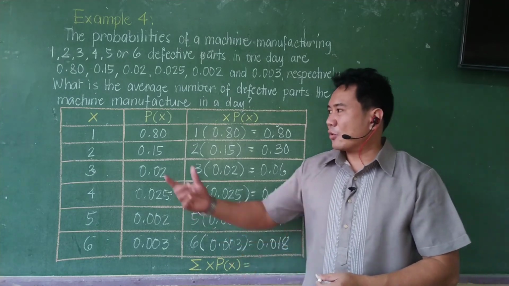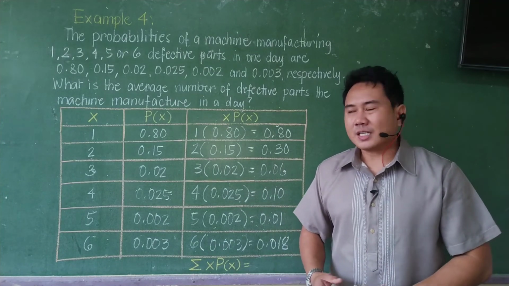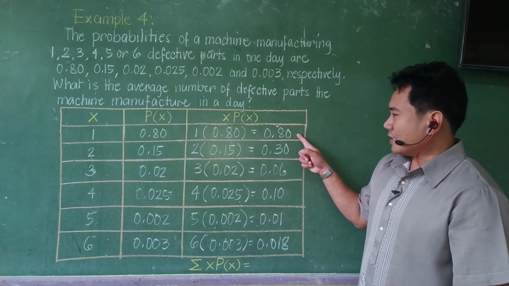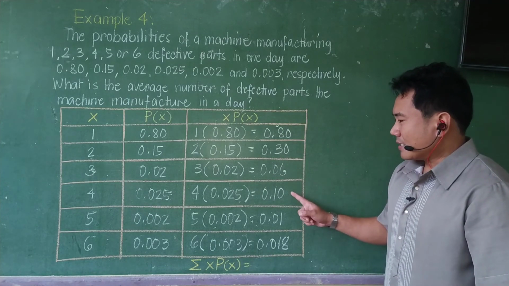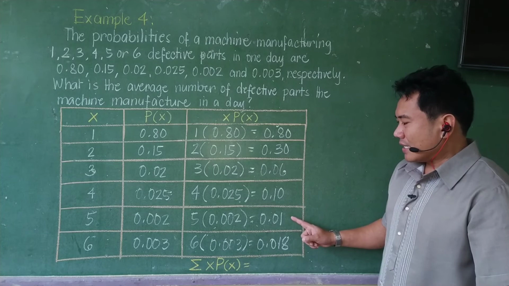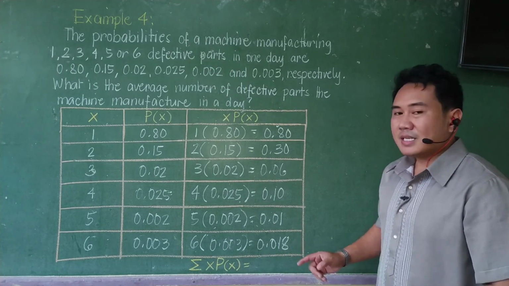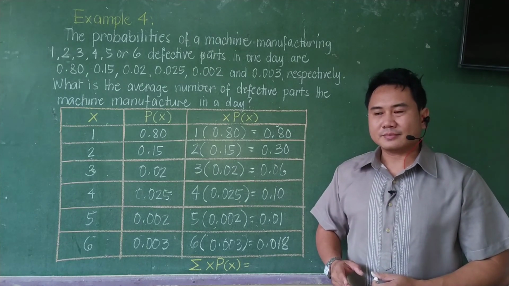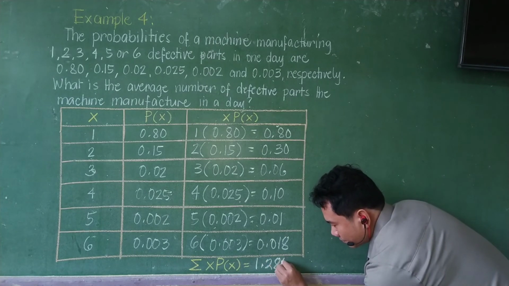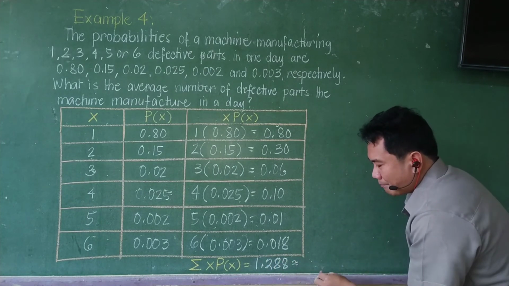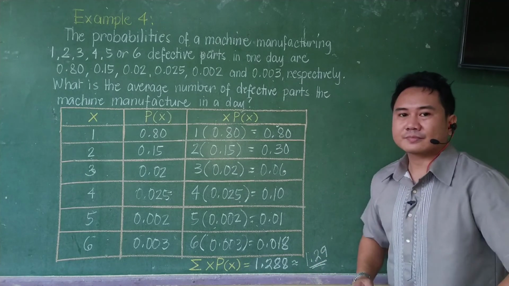After multiplying our x with our p of x, we are going to add all the products. 0.80 plus 0.3 plus 0.06 plus 0.10 plus 0.01 plus 0.018 equals 1.288, or 1.29.